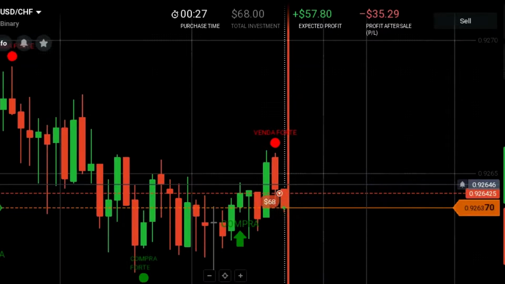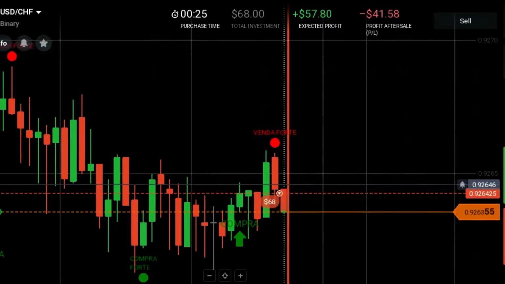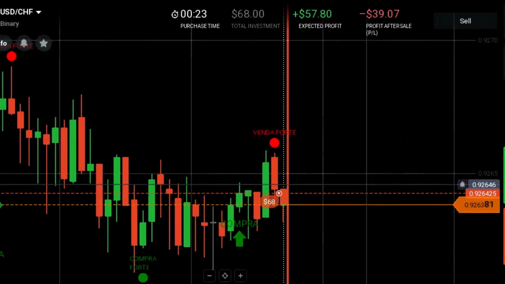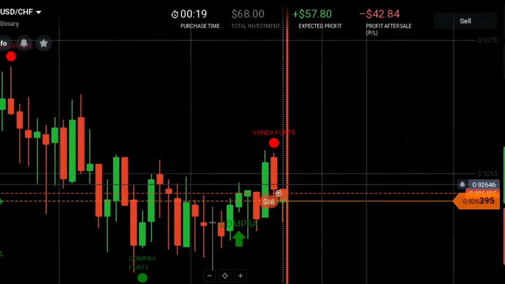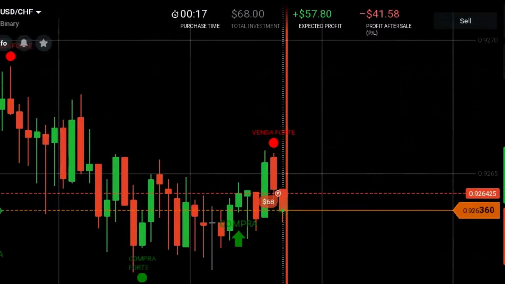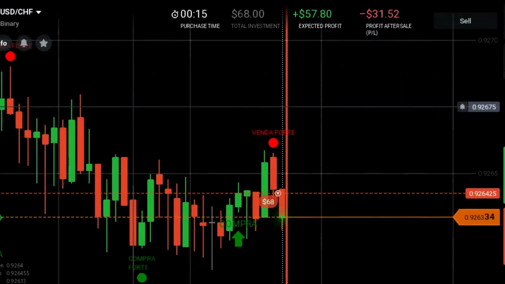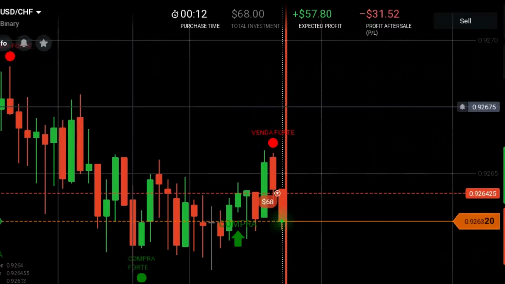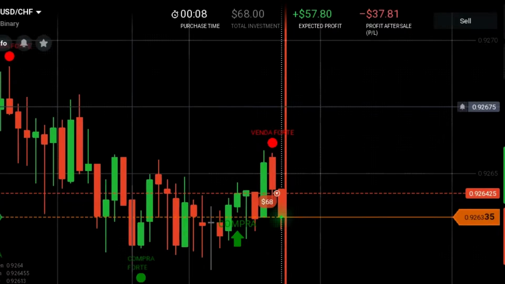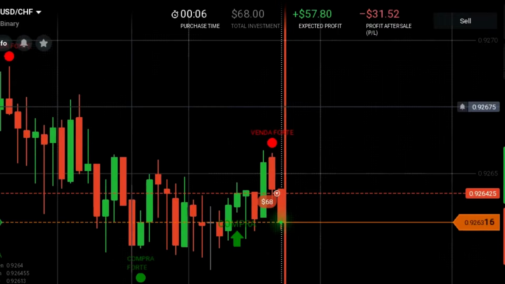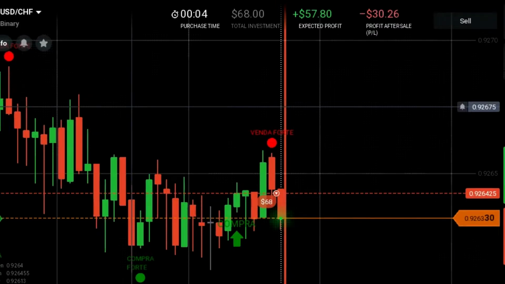Yeah, so guys, I've placed this trade. As you can see, the indicator was showing us a sign to sell this market. So guys, if we win this trade, we will accomplish our target. We would have made $125. So let's wait for the results of this trade, guys. Let's be patient.